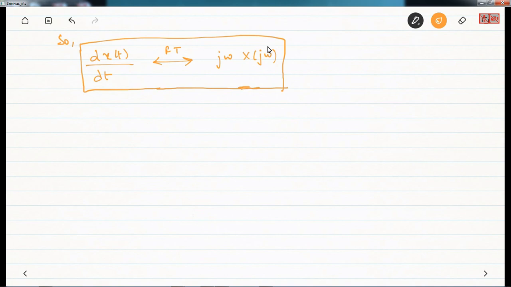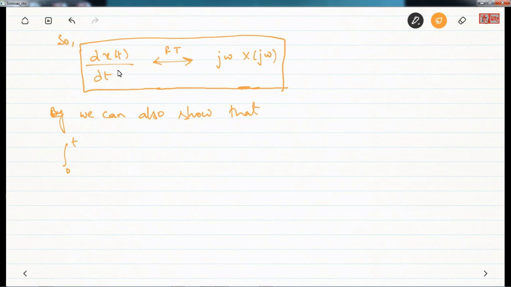So when we differentiate in the time domain, in the frequency domain the effect is equivalent to multiplying by j omega, right? And by some clever guesswork, of course we can prove it, but we are not going to do that. So this is if we differentiate the signal in the time domain.